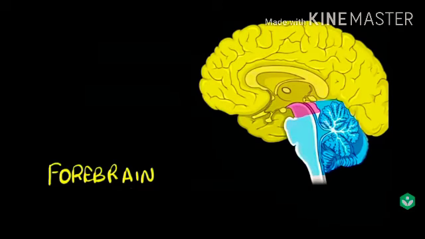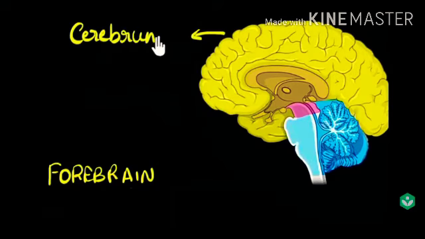Let me shade that inner section a little bit darker so we can identify that. So this big giant outer section is called the cerebrum. This whole outer section, which I have colored with light yellow, is the cerebrum.